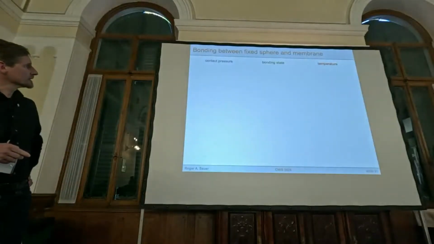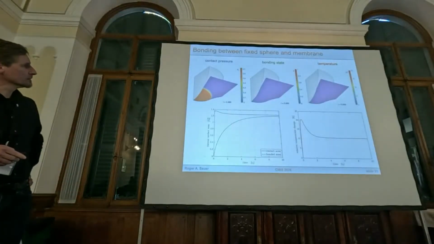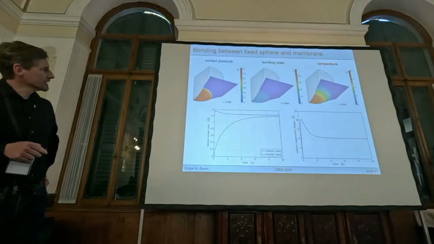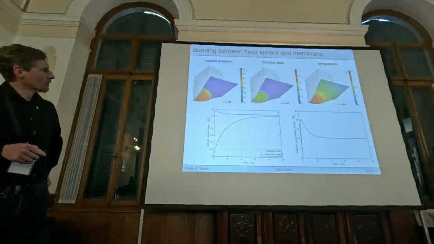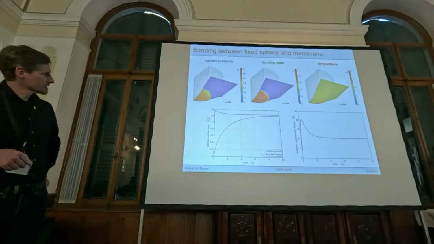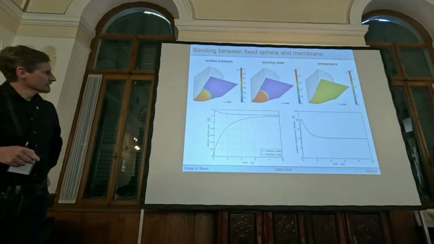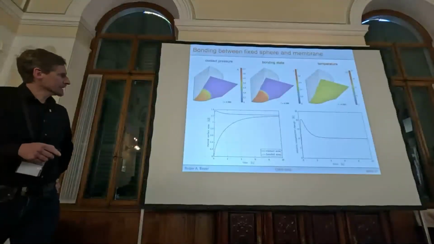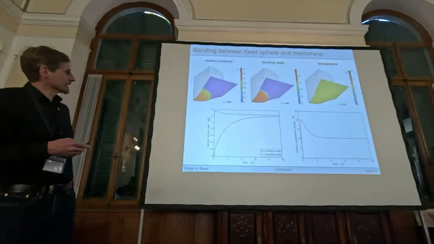Now, we can look at this in the movie. We have run it a few times because this is running in parallel. Here the bonding state, for instance, is forming, and one can see that also over here. It's increasing and approaches the contact area. At some point they will agree. Let me go back and run this again.